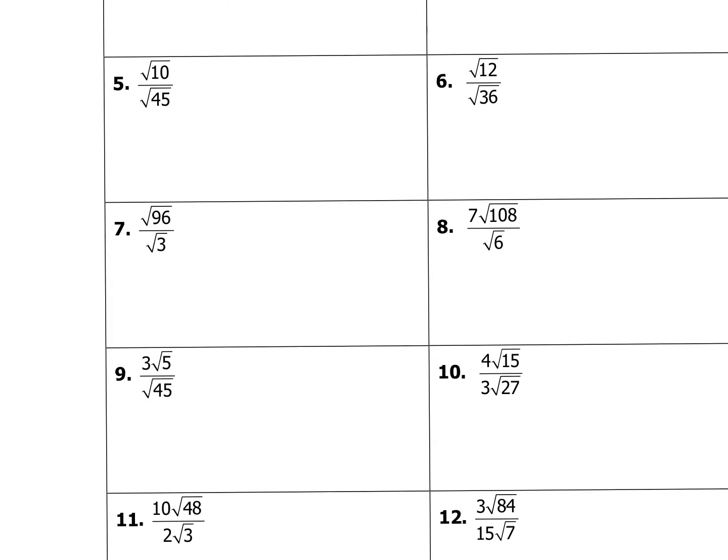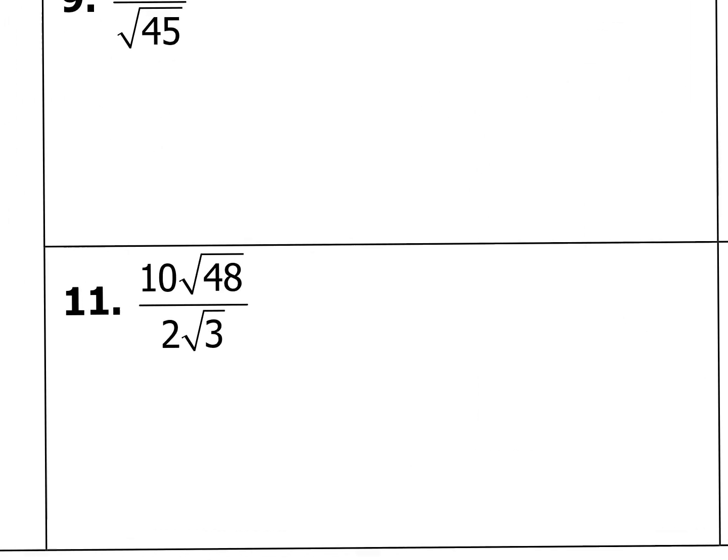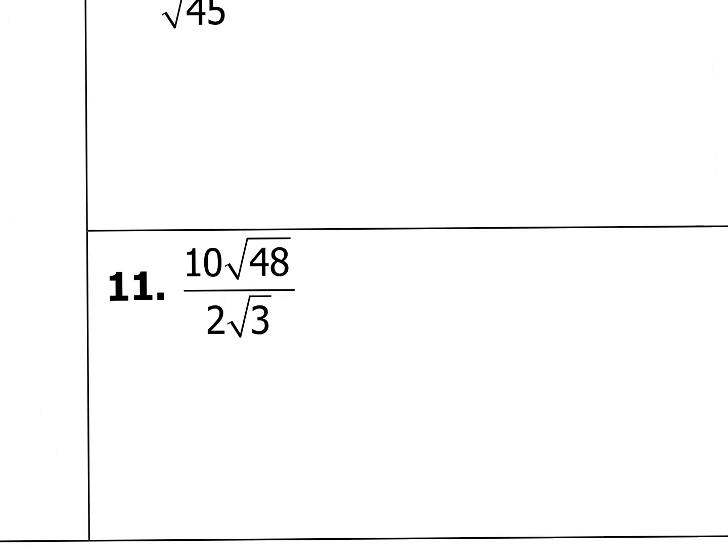All right, let's find something harder. All right, let's try number 11. When I see 10 over 2 coefficients, I can simplify right away, which is 5 over 1. Right, so 1, you don't have to write down. Square root 48 over square root of 3. Okay, and then I know 48 and 3 can be simplified by 3.